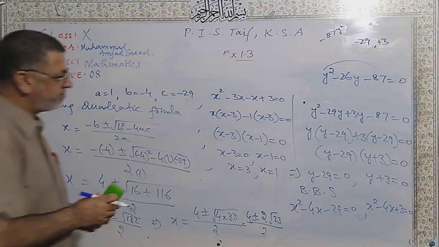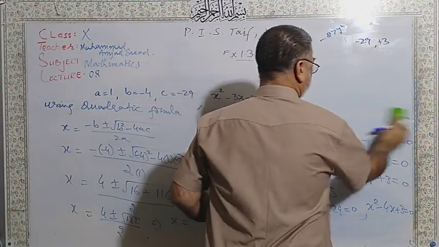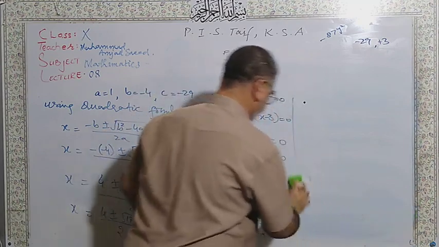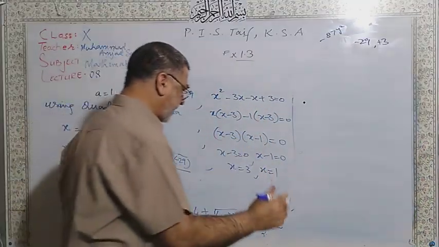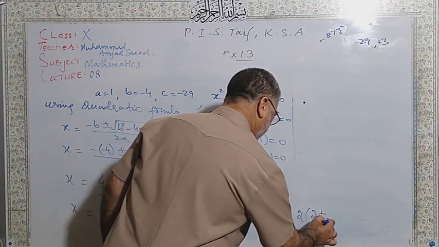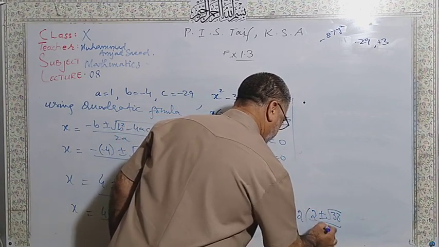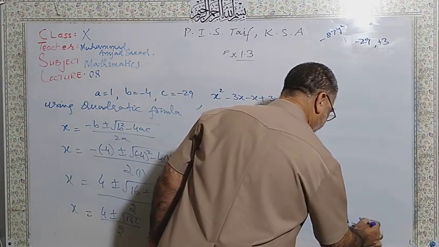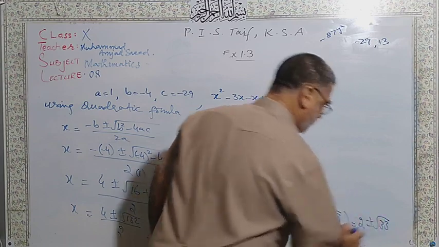After that, we can write this one as 2 common, 2 plus minus root 33 over 2, 2 cancelled out, and we are left with 2 plus minus root 33.